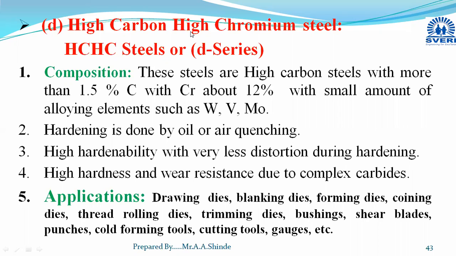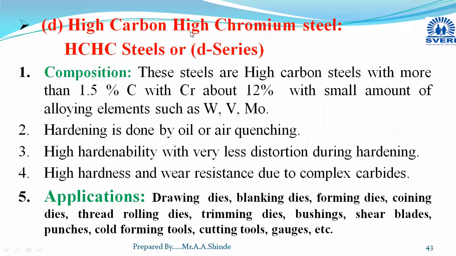And second reason, whichever higher percentage of carbon is there, more than 2%, that extra carbon combines with the alloying elements like chromium, tungsten, vanadium, molybdenum, and they form their respective carbides.